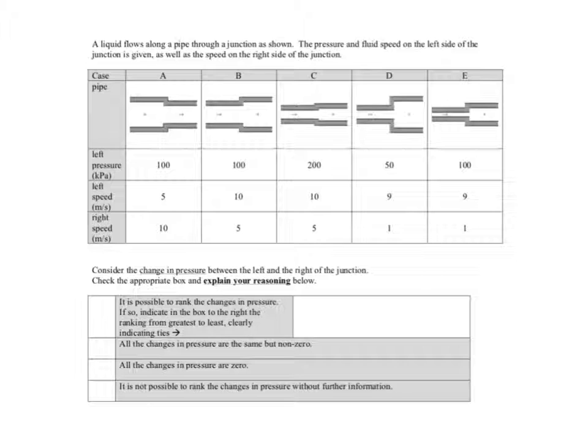So, as a reminder, we're being asked to talk about the change in pressure. And we're going to use Bernoulli's equation, which is essentially an energy conservation equation: the pressure plus 1/2 rho times the velocity squared.